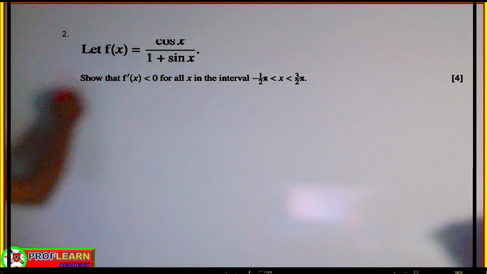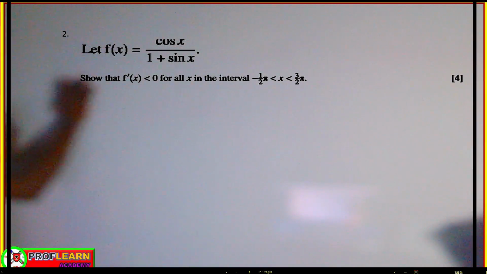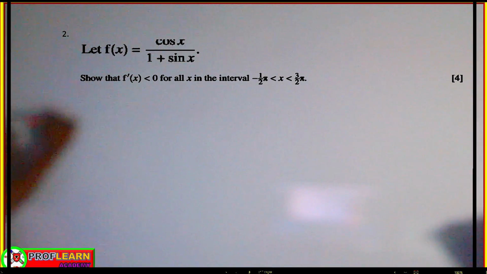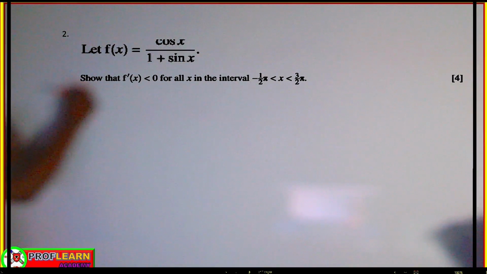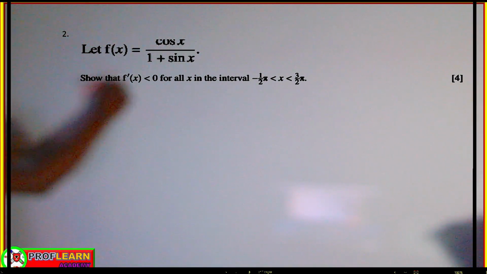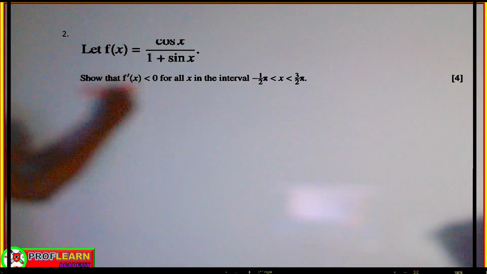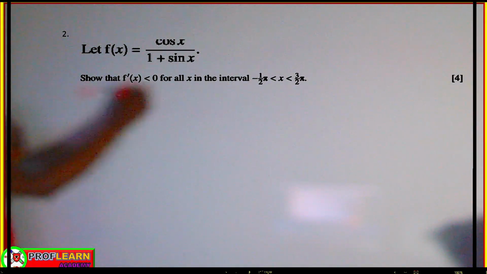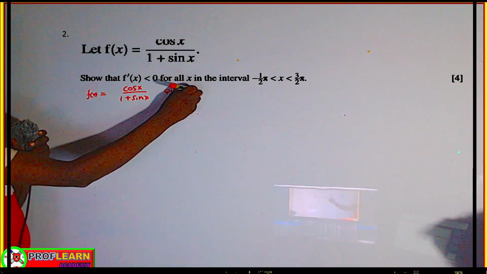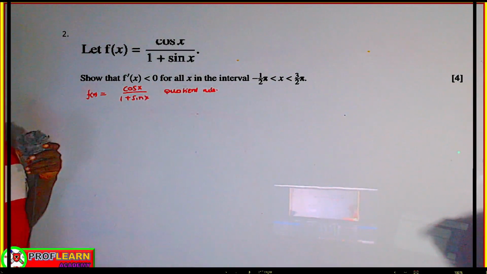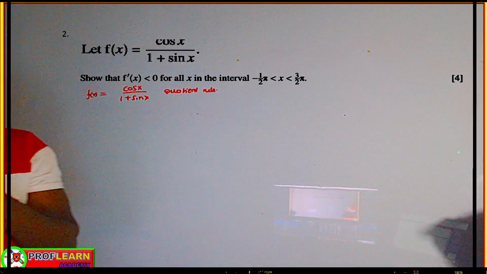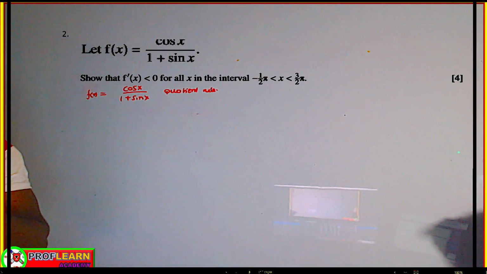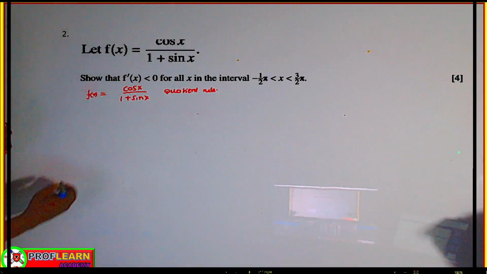Now, since our function that we are interested in, f of x, is cos x over 1 plus sin x, the rule that we're going to use here is the quotient rule. How does the quotient rule state?